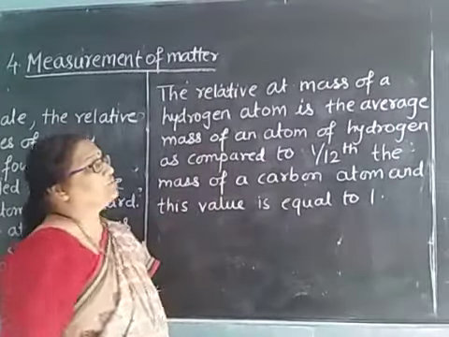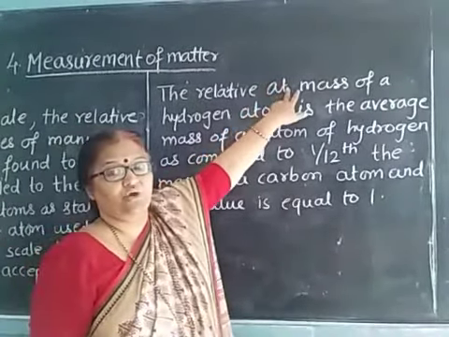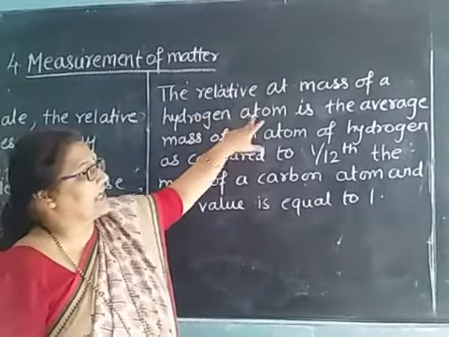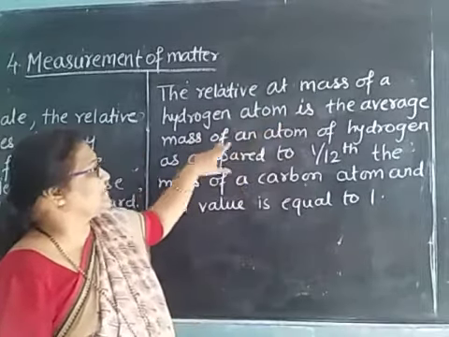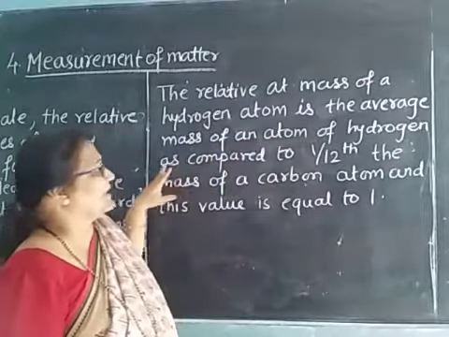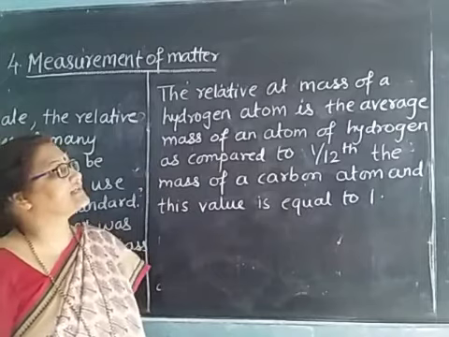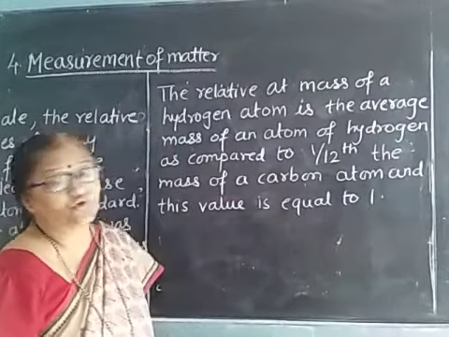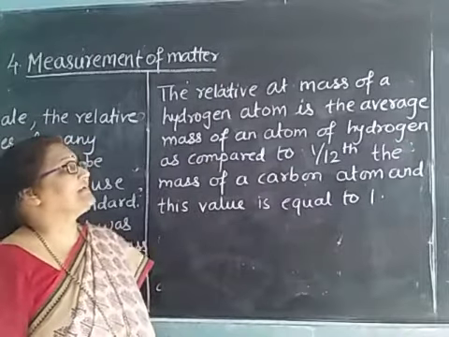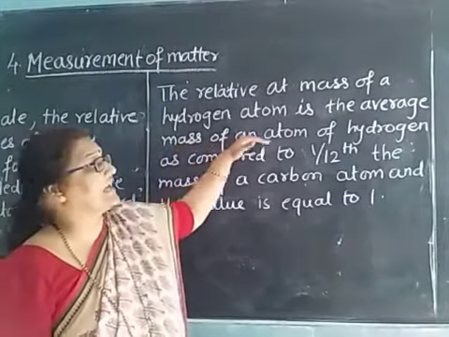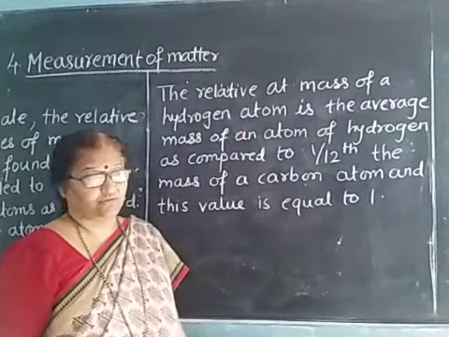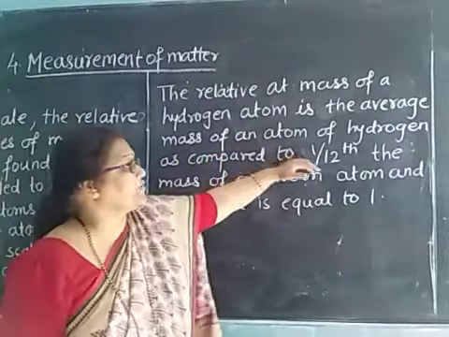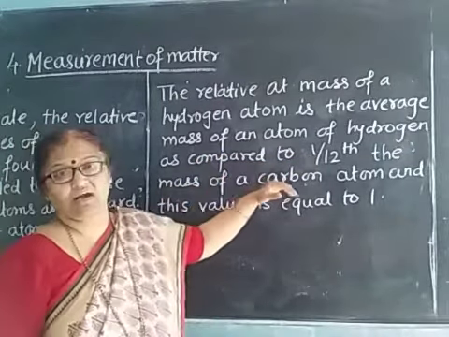Now, when we say the relative atomic mass of hydrogen, it is the average mass of an atom of hydrogen. So what does it tell us? That the atomic mass of a hydrogen atom is the average mass of an atom of hydrogen as compared to 1/12 the mass of carbon.